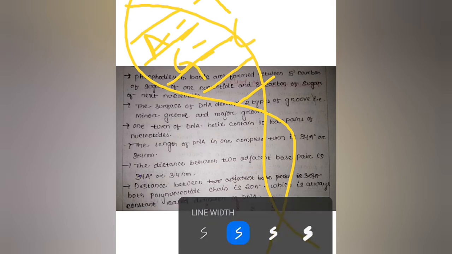One turn of the DNA helix contains 10 base pairs of nucleotides. That means A double bond T and G triple bond C will be present on this strand.